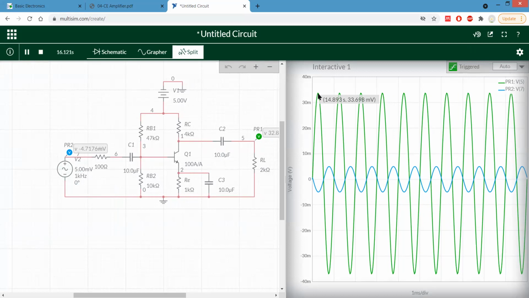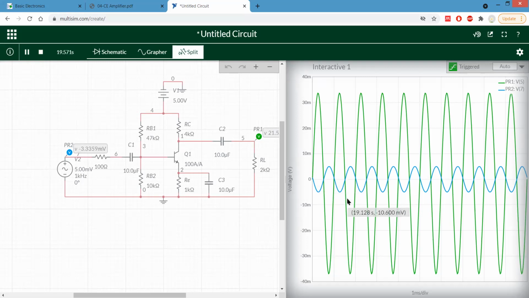One more important aspect is that I think I told you that in the common emitter amplifier the output is out of phase. As you can see, our output is completely 180 degrees out of phase with respect to our input signal.